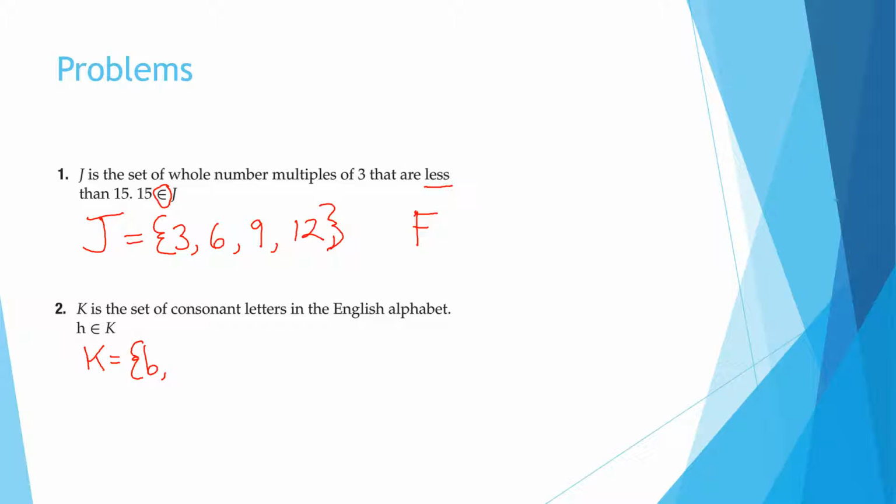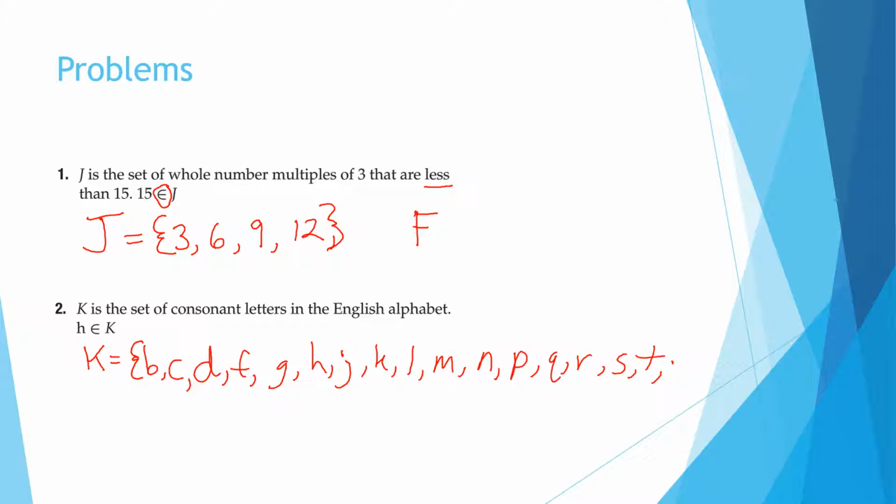And we'll write this again. Turn back my pen and C, D, E is a vowel, F, G, H, I is a vowel, J, K, L, M, N, O is a vowel, P, Q, R, S, T, U is a vowel, V, W, X, Y is not really a vowel, Z. And then we put our bracket on there.